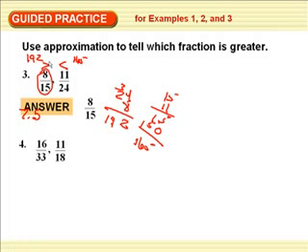Same thing on approximation. I feel pretty confident in this one. Half of 18 is 9. 11 is greater than 9, so that's greater than a half. Half of 33, half of 30 is 15. Half of 32 is 16, right?